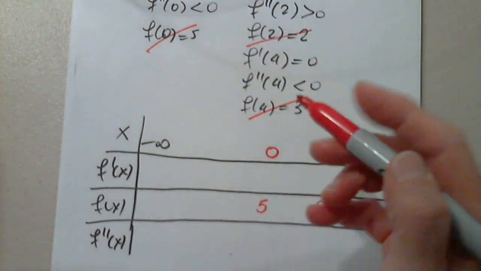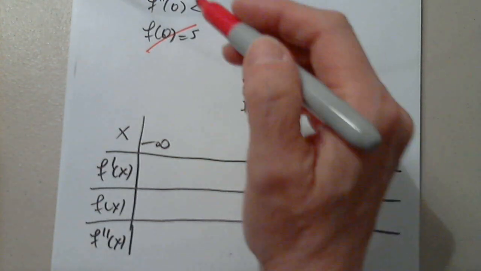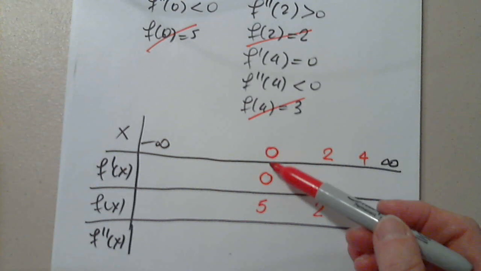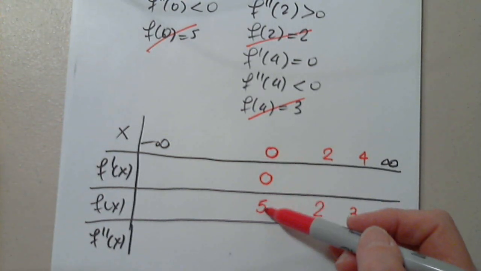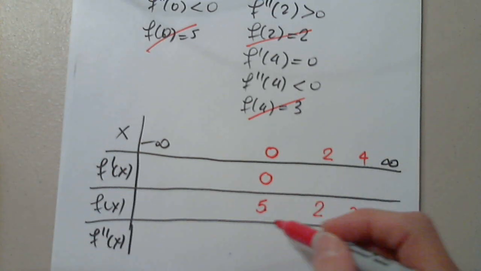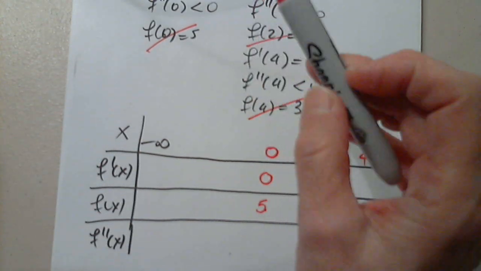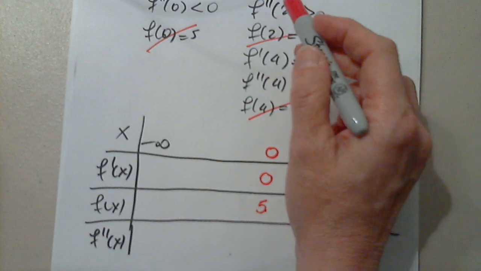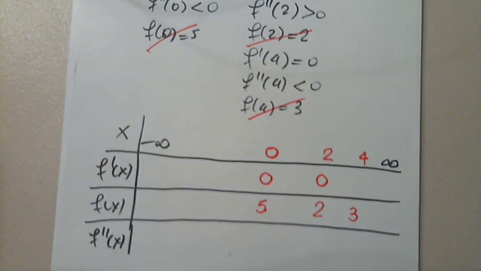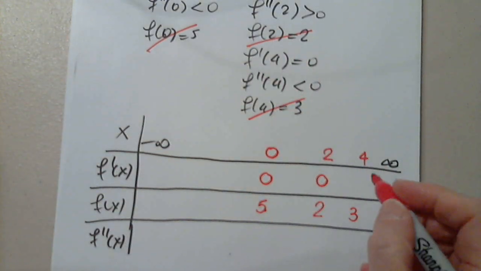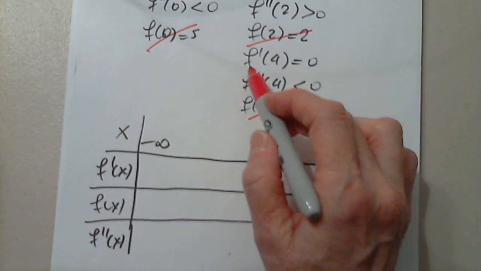F prime of 0 is 0, which means this is a critical number. And the pair is 0, 5. We'll see what this is. F prime of 2 is 0. This is another critical number. F prime of 4 is 0. That's another critical number.